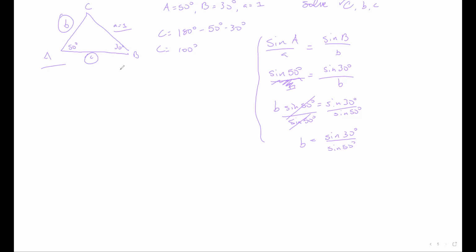The formula, if I recall, is something like c squared equals a squared plus b squared minus 2ab cosine c. So we need 2 side lengths, a and b, to figure out the last c. And since we didn't have that, we could not have used it there.